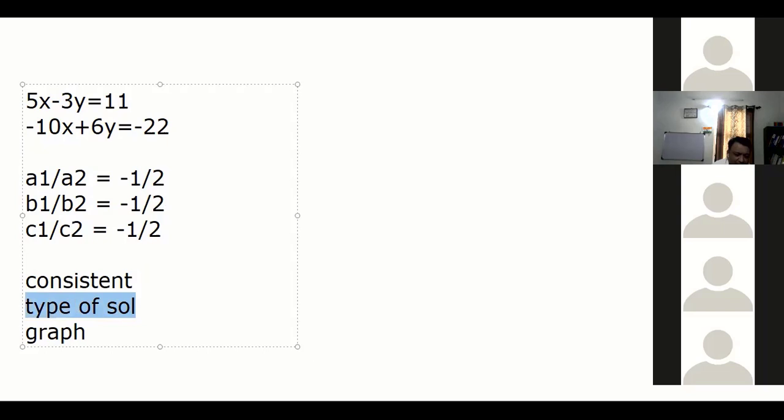Infinite solution है. Infinite solution है तो line कैसा आएगा? That's it, anybody in any confusion, or you all are crystal clear on this? Tell me.